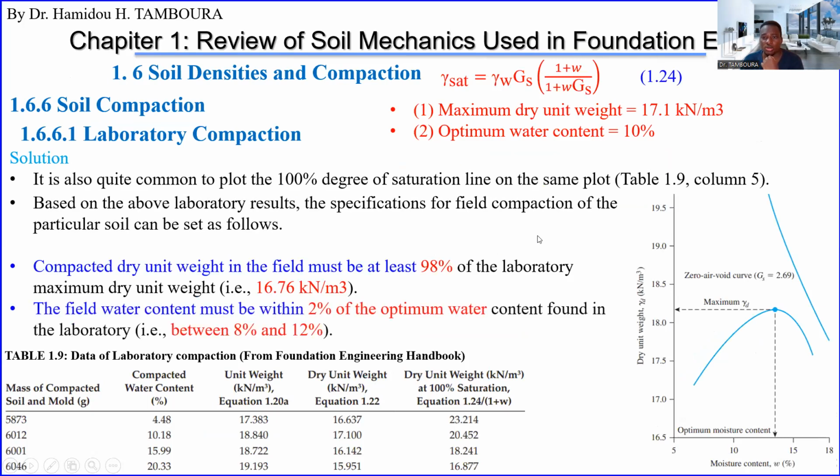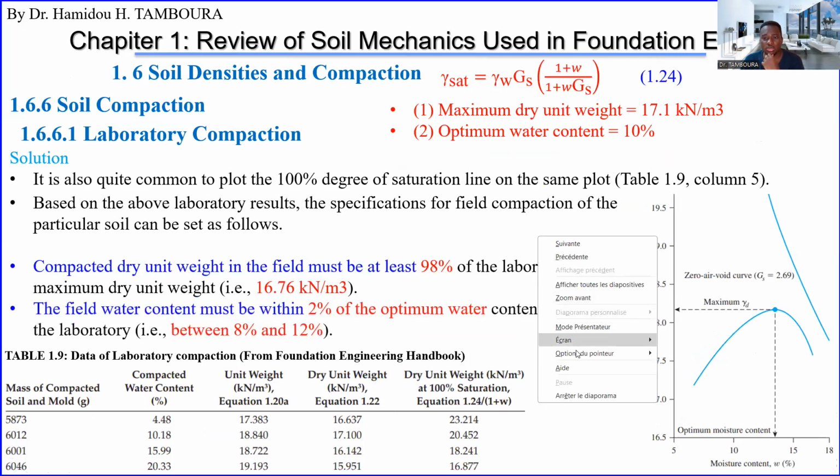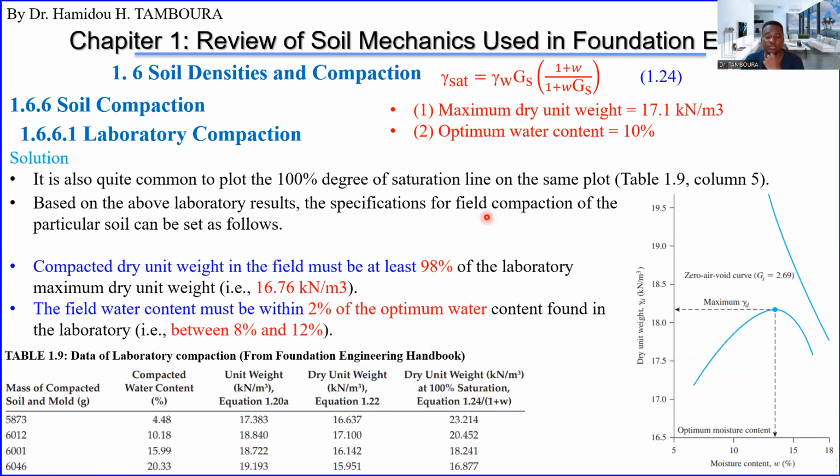Yeah. So after doing that, how can you now check if the field compaction is good? I hope you understand everything now. After doing the lab test, you obtain the maximum dry unit weight and the optimum water content. You can say, okay, we will try to have the same value on the field as well.